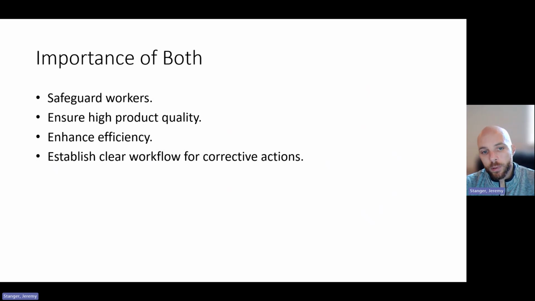You've come into play and talked about how you're going to lift things and move things and work on things safely as well, and being involved in the development of that procedure. Or you take that procedure and you develop a job hazard analysis, and that's where you can be even more proactive and think about some corrective and preventive actions during those workflows and those processes and those job tasks that we perform. Establish clearer workflow for corrective actions.